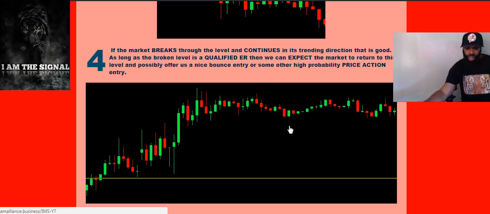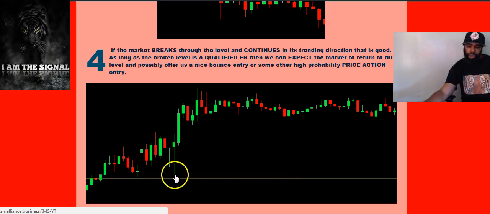All right. The fourth thing that could happen, if the market breaks through the level, right, and it continues in its trending direction, it's a good thing. As long as the broken level is qualified, right, clear, open, and close above the level, then we can expect the market to return to this level and possibly offer us a nice bounce entry or some other high probability price action entry.